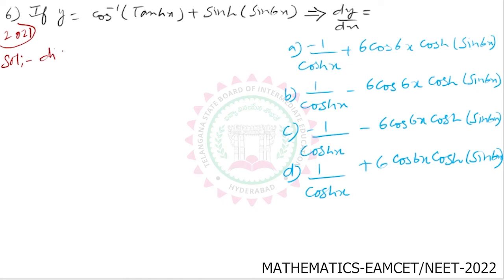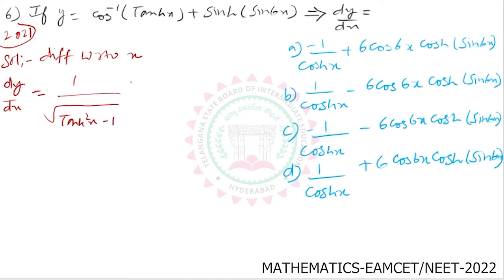So differentiating with respect to x, dy by dx, derivative of cos inverse x is 1 by root of 1 minus x square. Here it is nothing but 1 by 1 minus sin square x, so this becomes tan hx minus 1 into derivative of tan hx, which becomes 1 minus tan square hx.